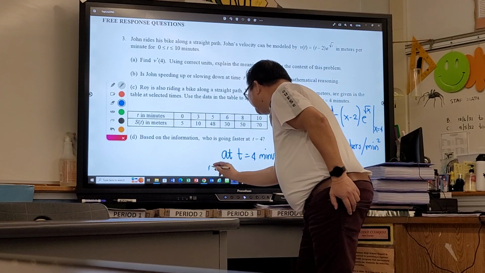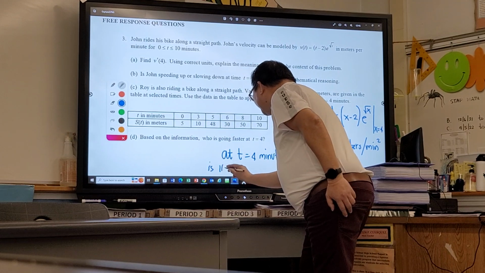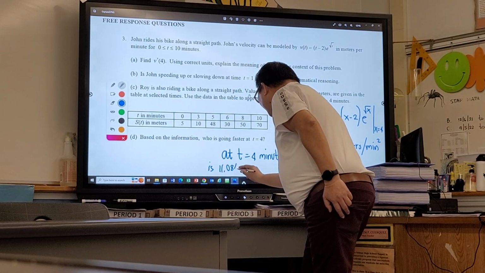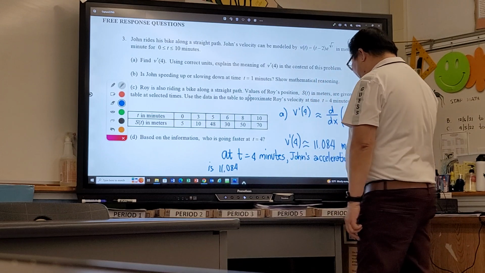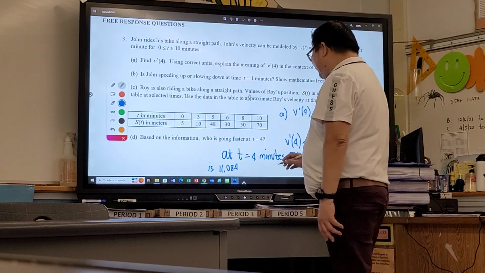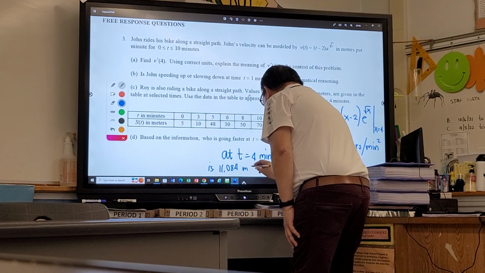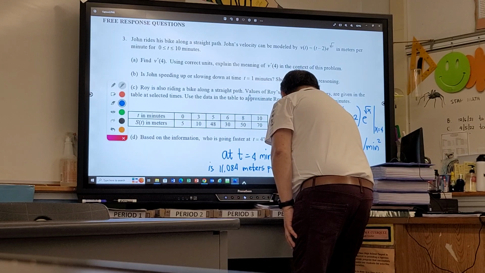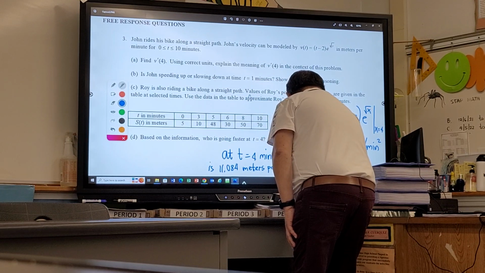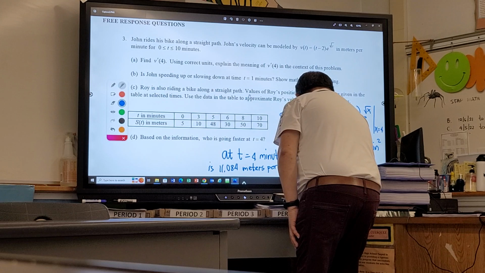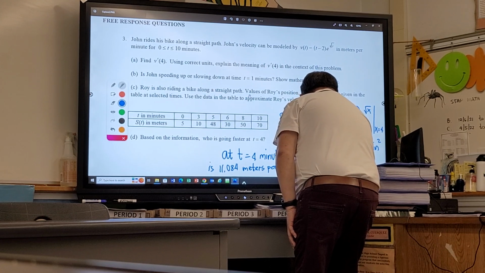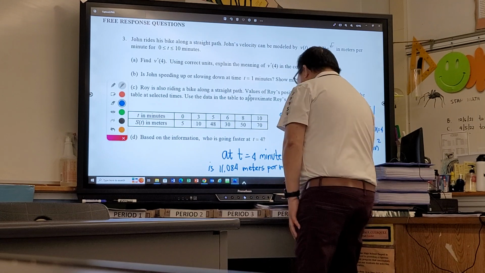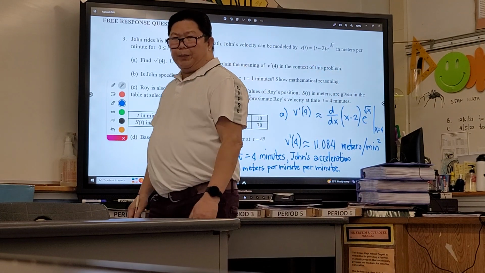is 11.084 meters per minute per minute. So that's how we explain.